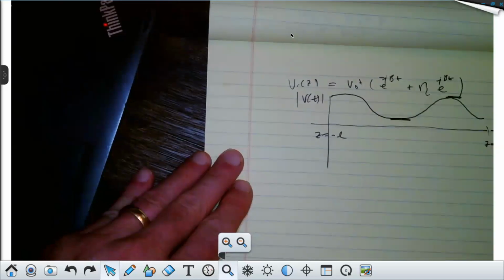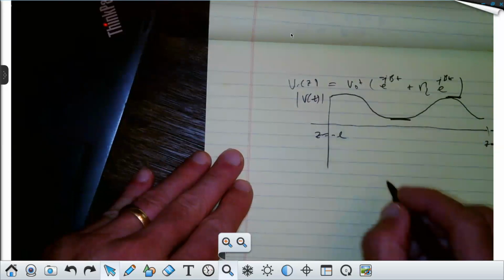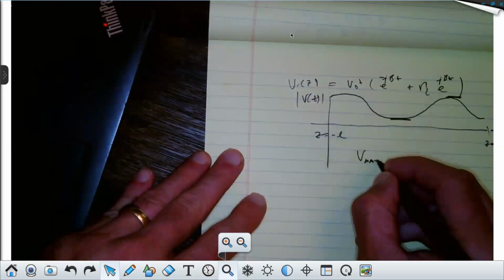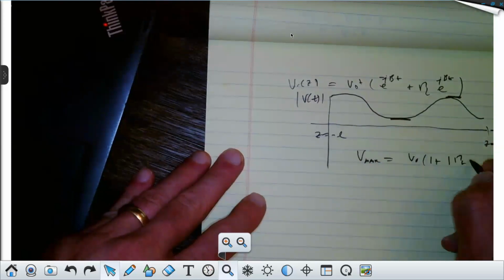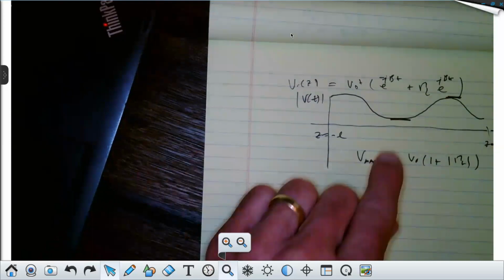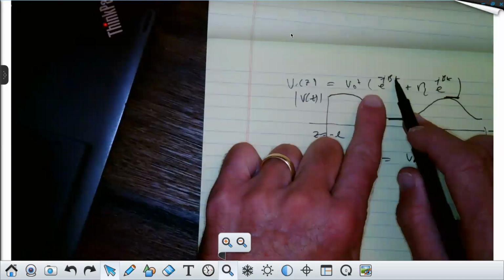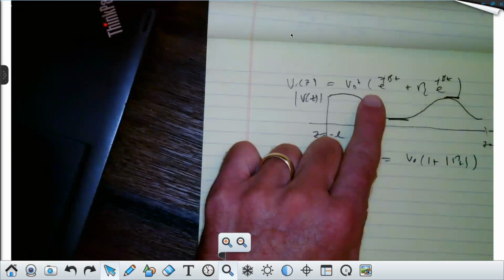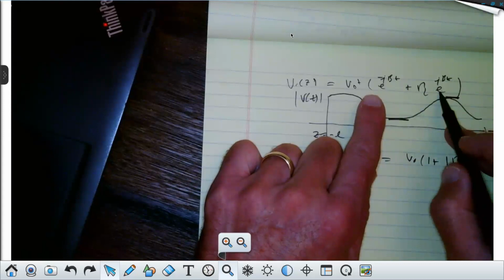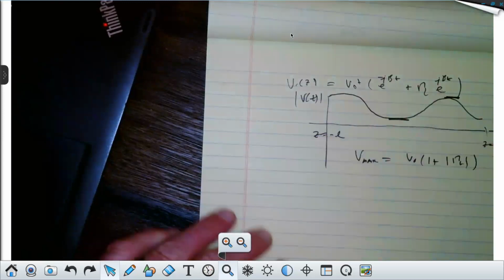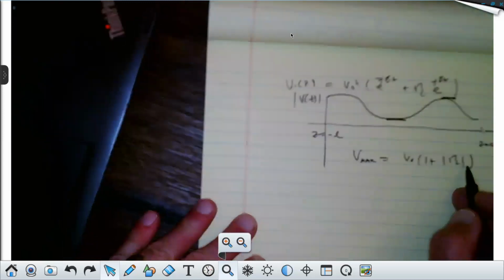The maximum, V max, on the transmission line in phasor form would be V0 plus times 1 plus the magnitude of gamma L. That should be kind of intuitive because e to the minus j beta Z is just one at an angle of something, and the reflected term is one at an angle of minus something, so there's going to come a point when these two superimpose for a maximum value. And it happens to be this value, 1 plus gamma L times V0 plus.